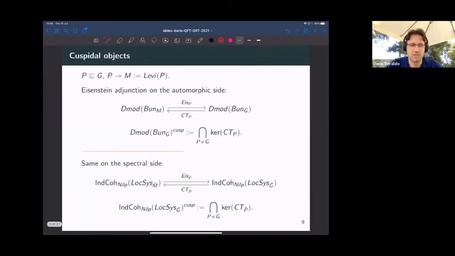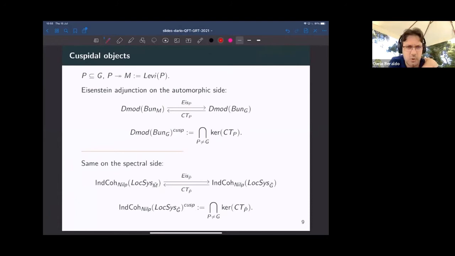Okay, so this was tempered objects. Let's now review cuspidal objects. And that's much less obscure because it's similar to the classical Langlands theory.